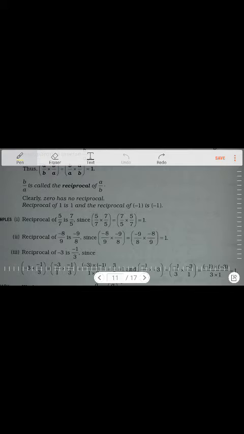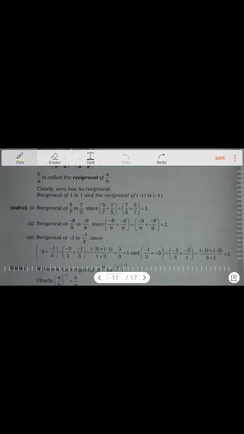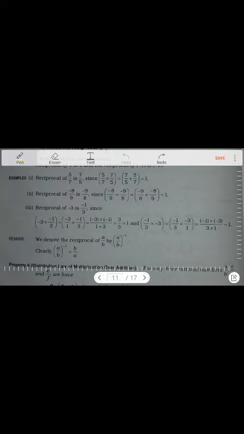So on reciprocals, there are several examples given over here. That is, the reciprocal of 5 by 7 is 7 by 5. Since 5 by 7 and 7 by 5, while multiplying, you can see both ways: 5 by 7 into 7 by 5, and again this taken the other side, that is 7 by 5 into 5 by 7, is equal to 1 only.